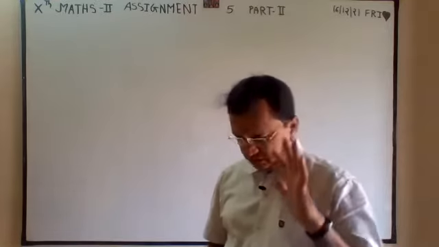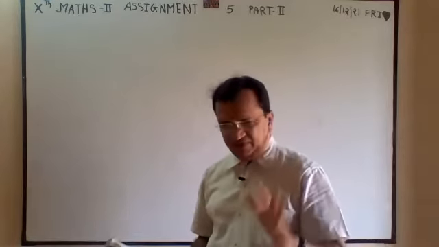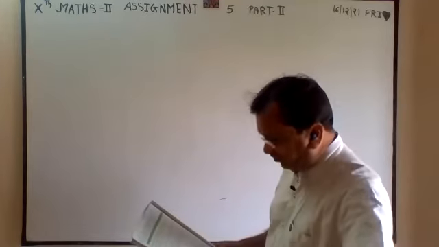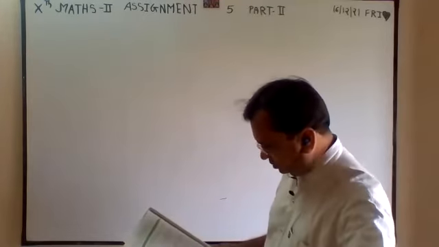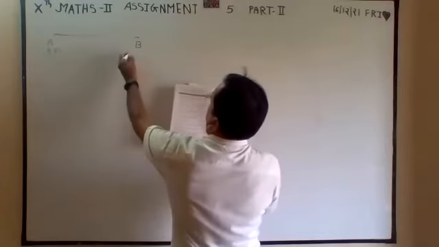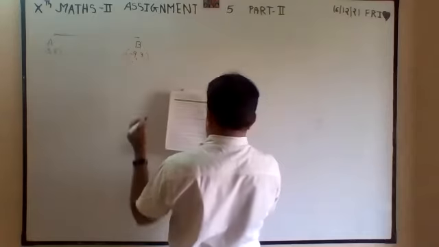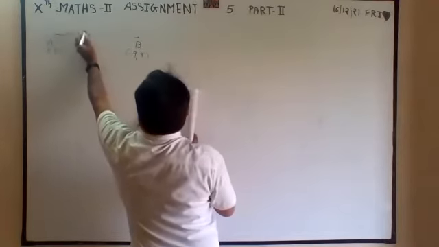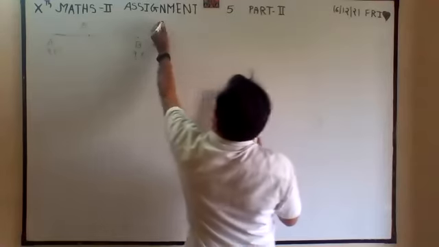Just mark fourth and fifth, very, very important. Find the ratio in which the segment joining the points A, B, that is (3, 8) and (-9, 3), is divided by the y-axis.